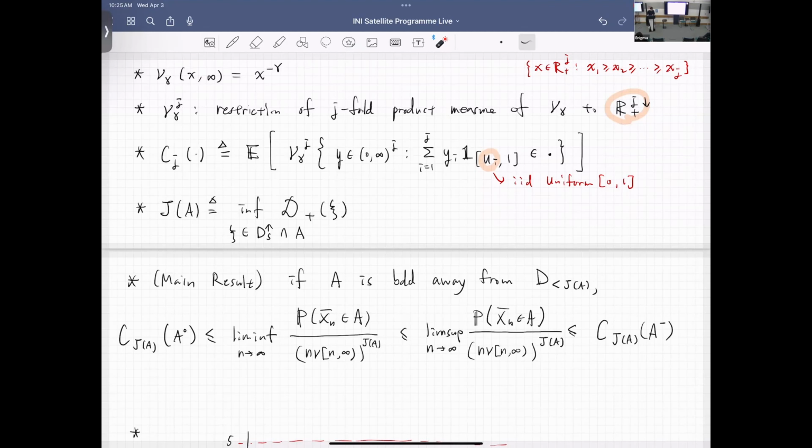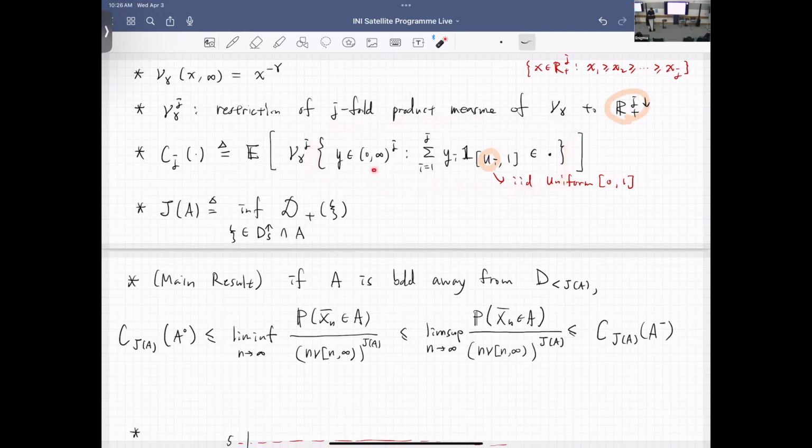I'm a little bit confused. So this mu gamma j is a measure which lives on this simplex in R^J. But then you apply it to a set where these y's are not in the simplex. So what is this set?